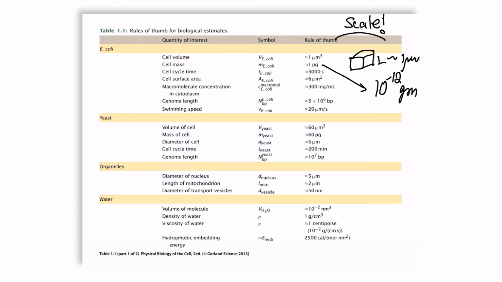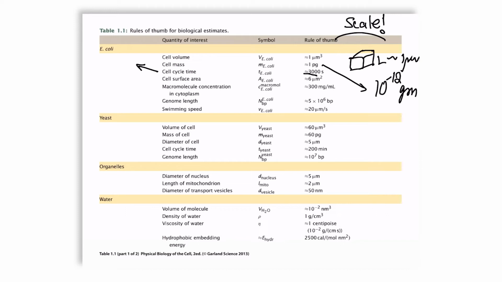Cell cycle time is about 3,000 seconds. Those of you who studied microbiology maybe know that we typically state that the so-called doubling time of E. coli at fast growth is 20 minutes.